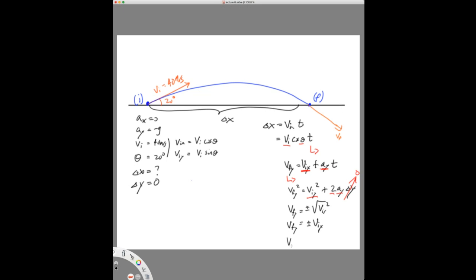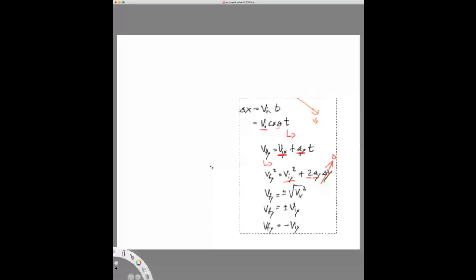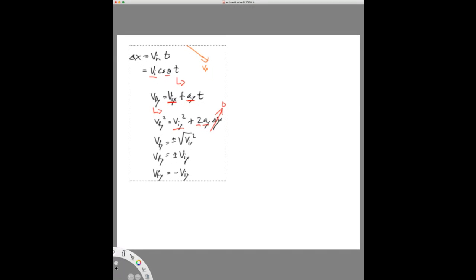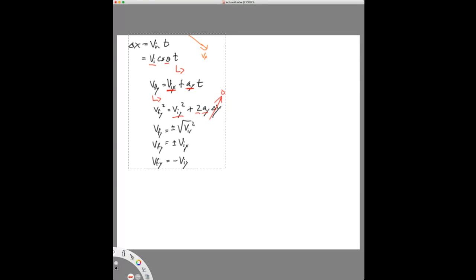So we can say that VFY equals negative VIY. So let's copy that, move it to the next page, and we can keep working.